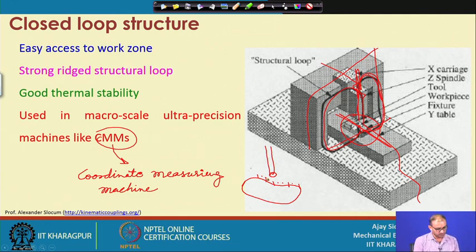So, that is why it is useful, and this is ultra precision machining, because in ultra precision machining we have seen in different examples that we are working with a very small depth of cut.